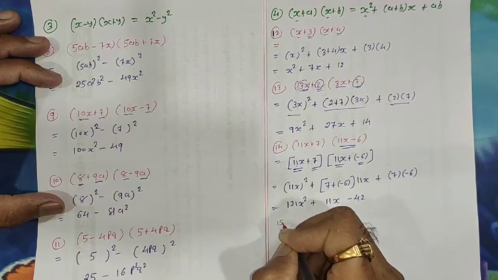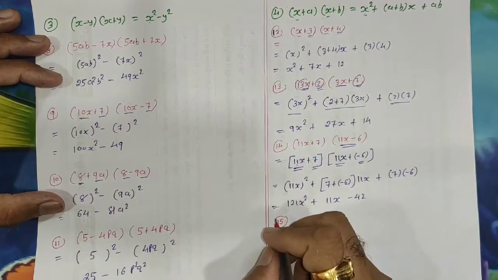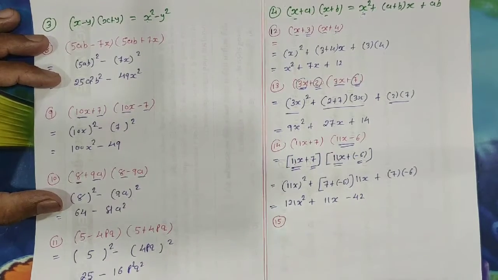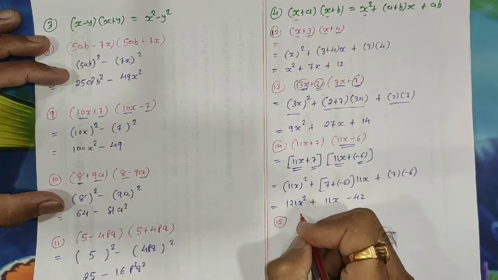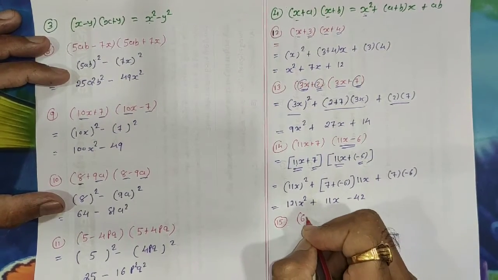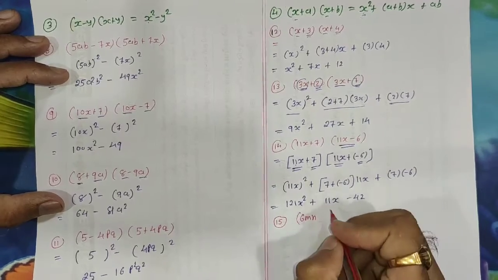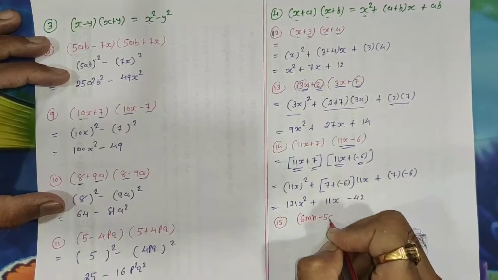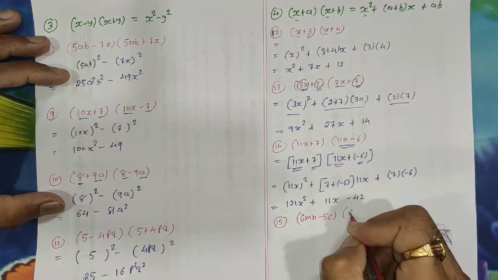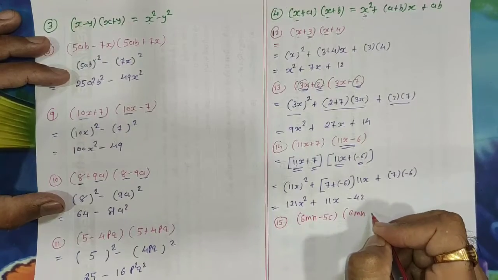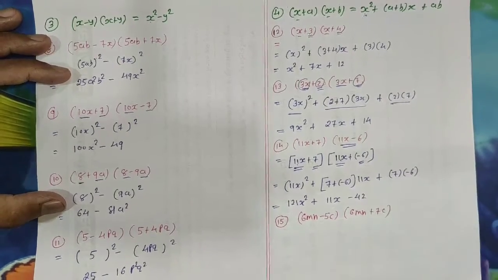Question number 15. Suppose we are given 6mn minus 5c, and this one is 6mn plus 7c.